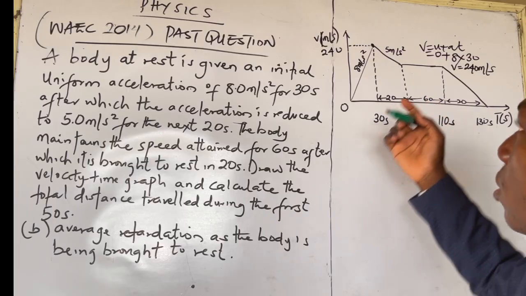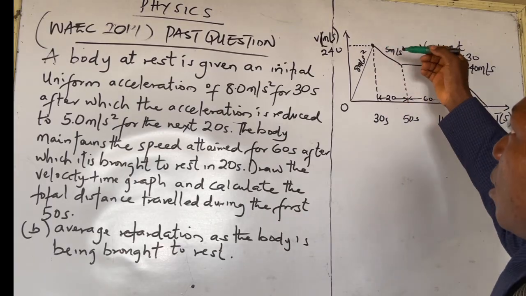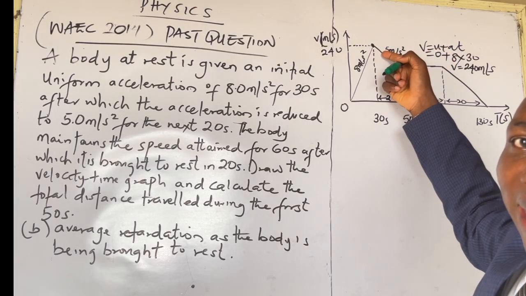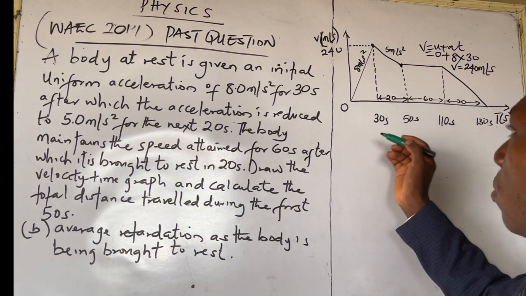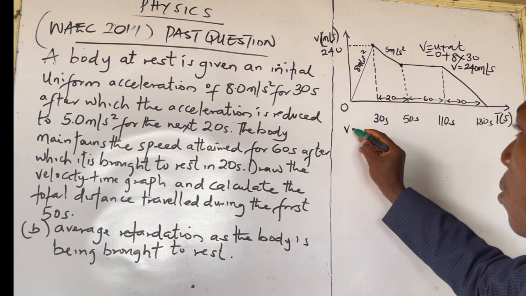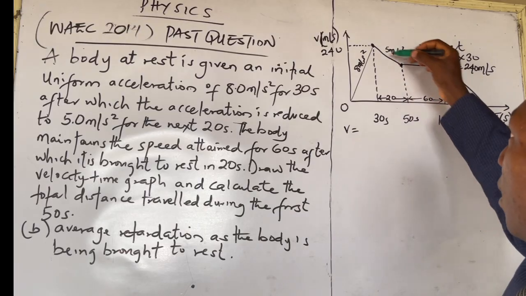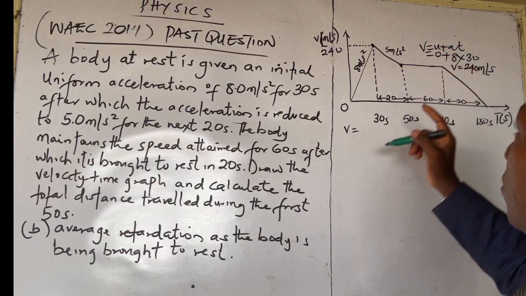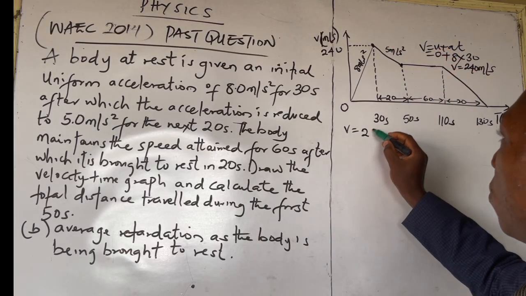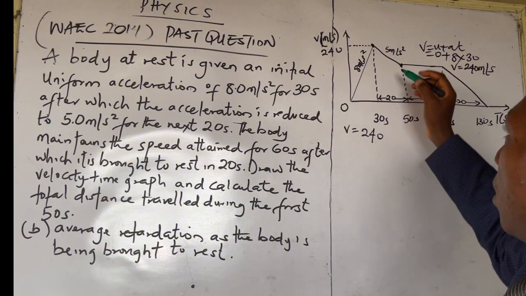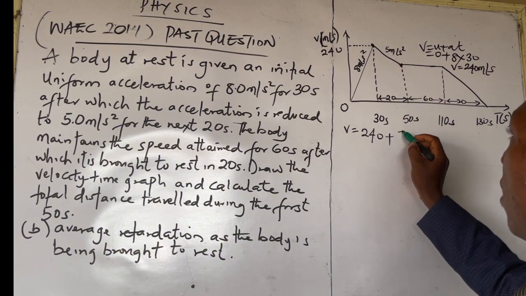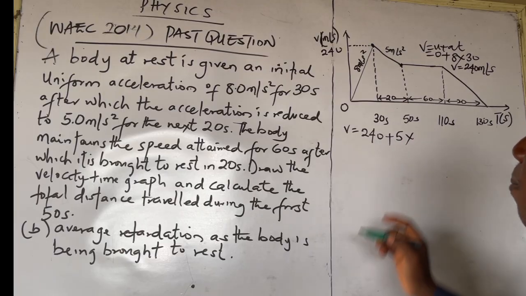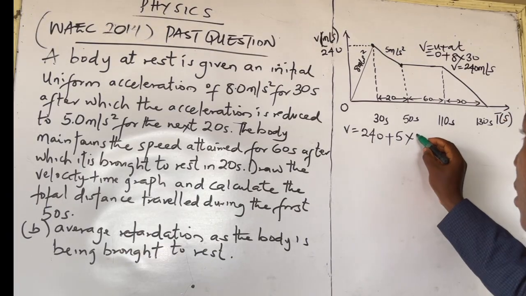Apart from that, we also need the velocity after the retardation. So this velocity here. So we have V equals, from here, our final velocity again will now be 240. Our acceleration for this is 5, and our time at that point is 20.